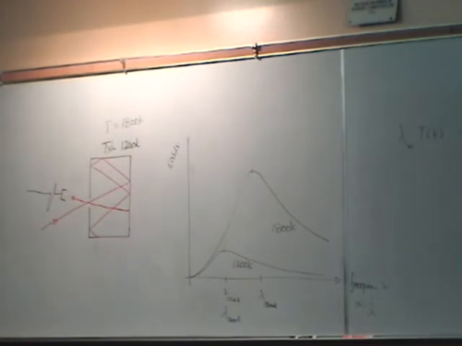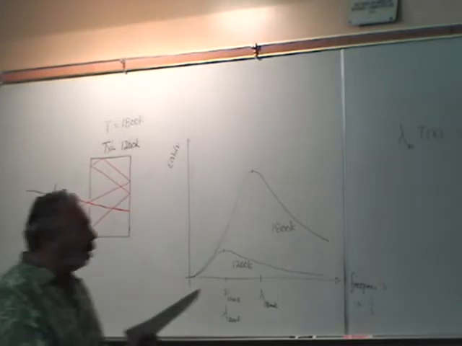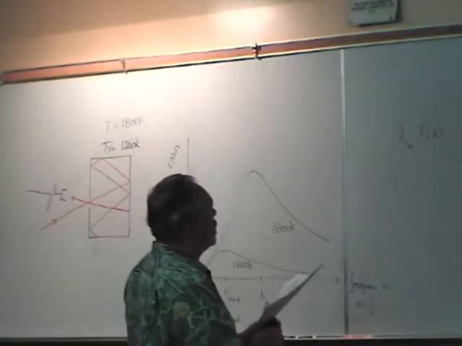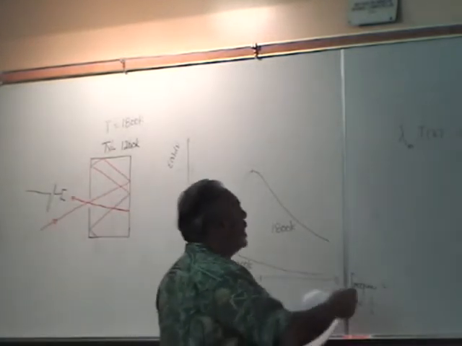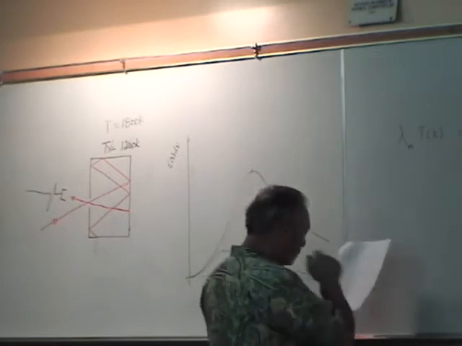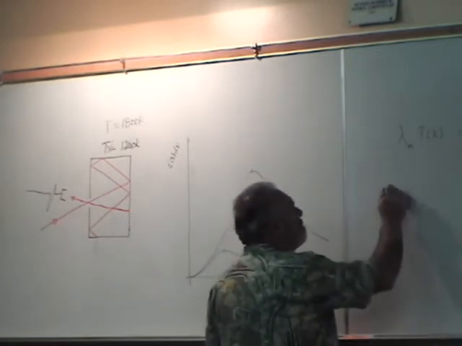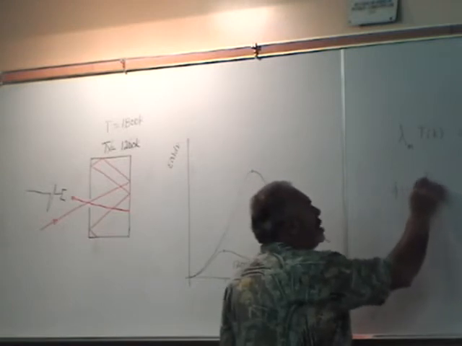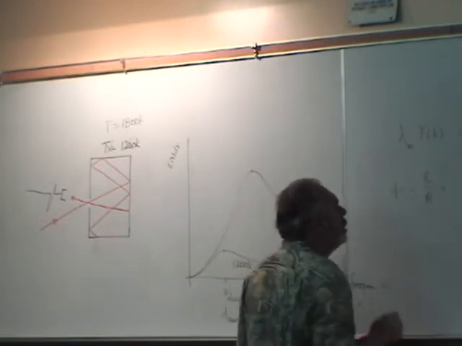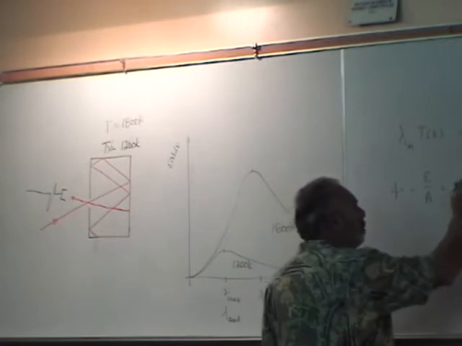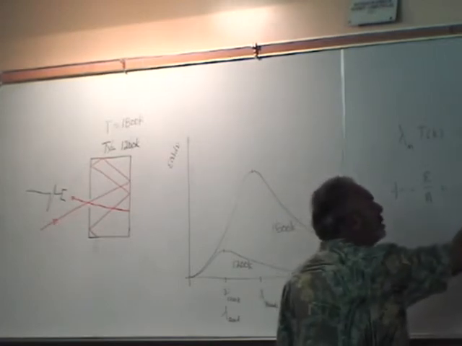Two men working together, Stefan and Boltzmann, found a relationship between the brightest surface color and surface temperature, and the total energy output. So, the total energy output, which I'm going to put down as phi, is energy per unit area, and is given simply as, if it's a black object, sigma T to the fourth.